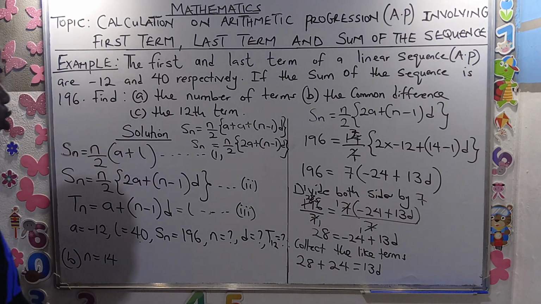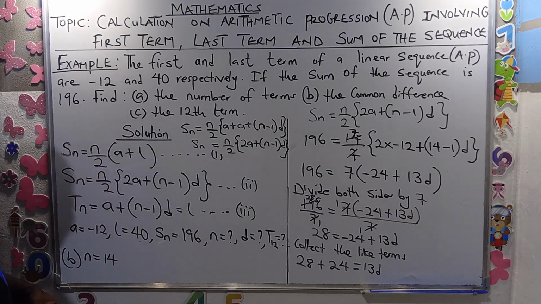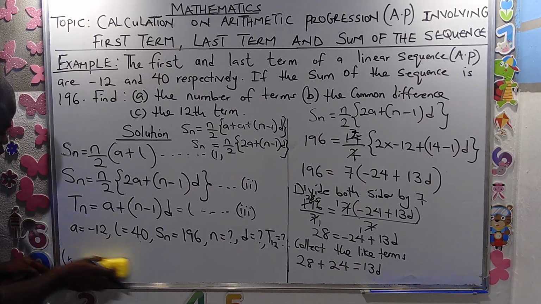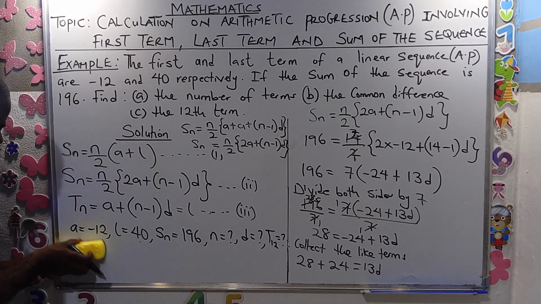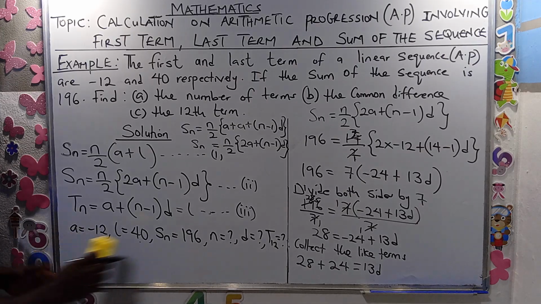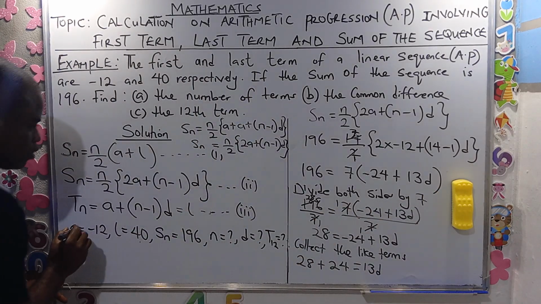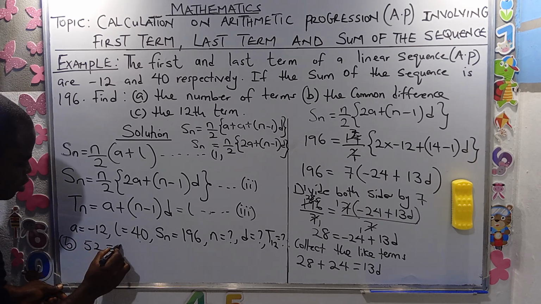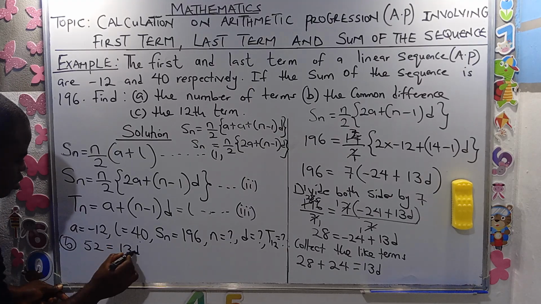Now 28 plus 24, that's 52. 52 equals 13d.